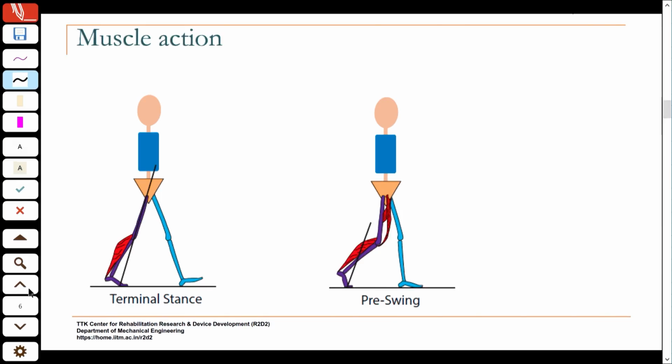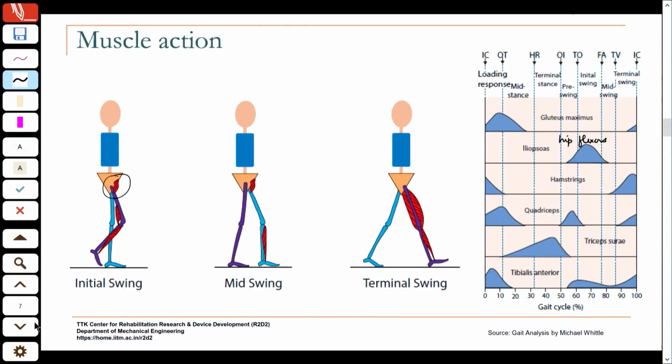Okay. So, you see that during loading response and during pre-swing, the quadriceps action is eccentric. So, it is resisting knee flexion, it is eccentric. Only towards terminal swing there may be some activity for the quadriceps to make the leg swing along with gravity.